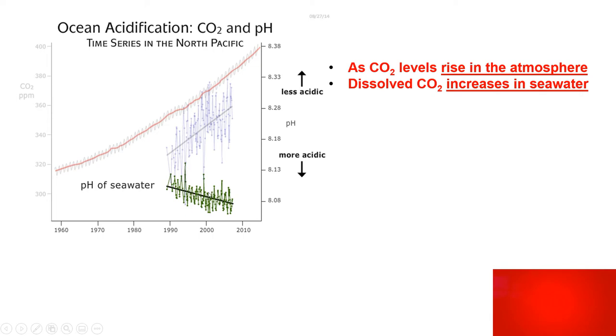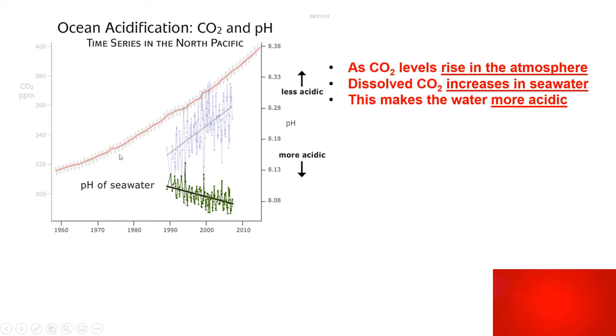Again, I have suspicions about what's causing this pattern here. As CO2 levels rise in the atmosphere, dissolved CO2 increases in the seawater, and because that CO2 gets converted to carbonic acid, it's going to make the water more acidic and decrease the pH over time.